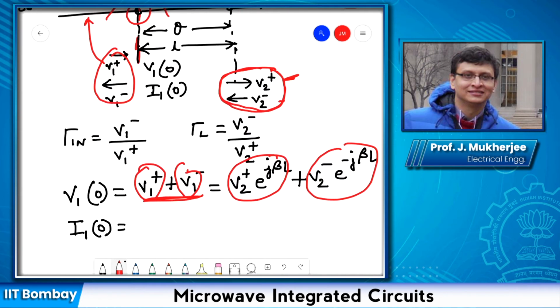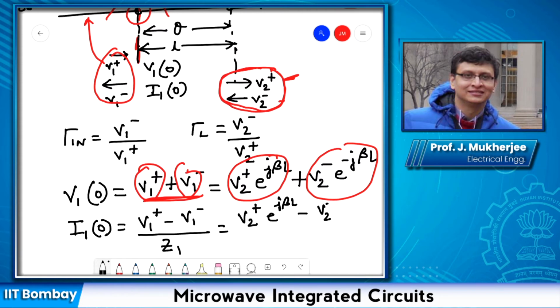What I mean is I10 can be written as V1 plus minus V1 minus upon Z1, and that should be equal to V2 plus e raised to j beta L minus V2 minus upon not Z1 but Z2.